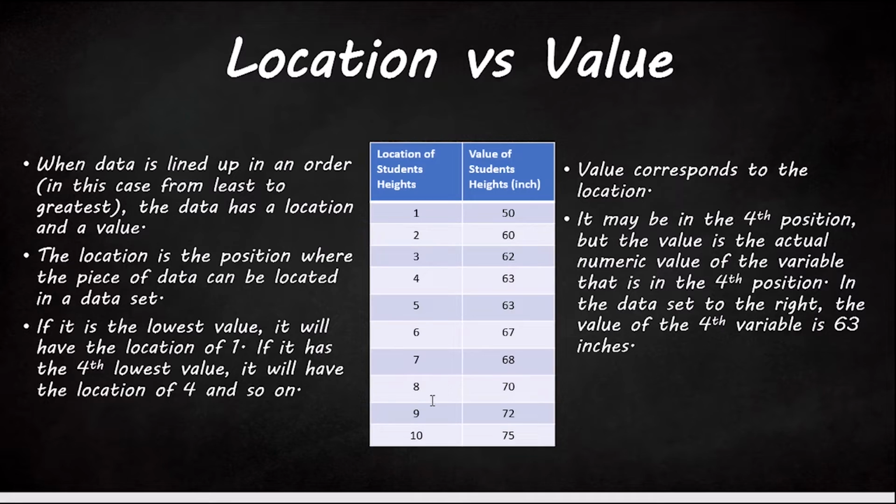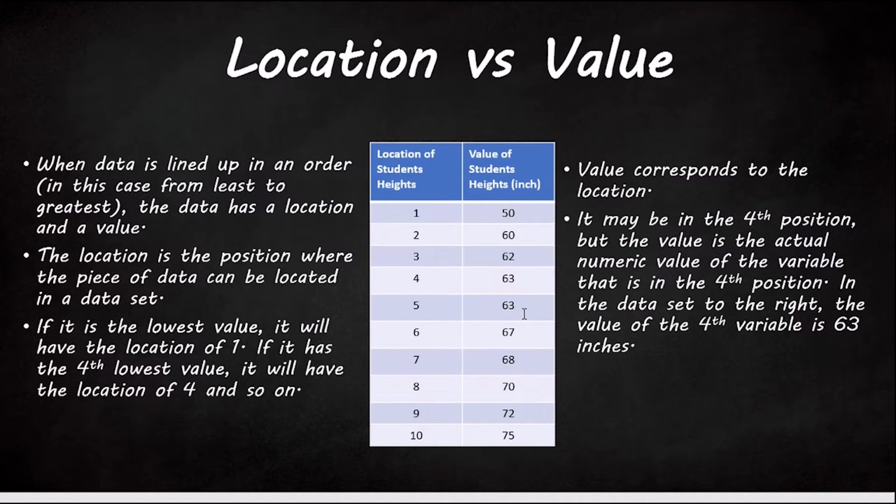If it's the lowest value, it's going to be in the very first position, but if it's the highest value, it's going to be in the highest position. Then you also have the values that correspond to the location.